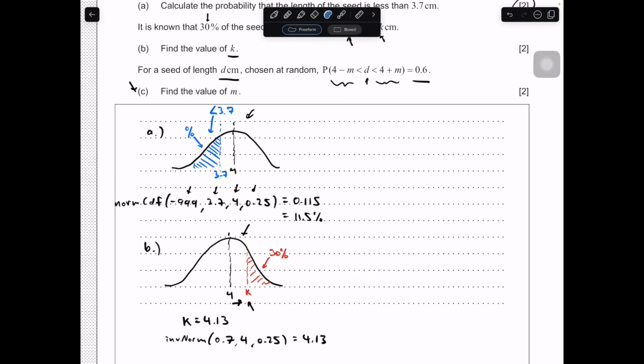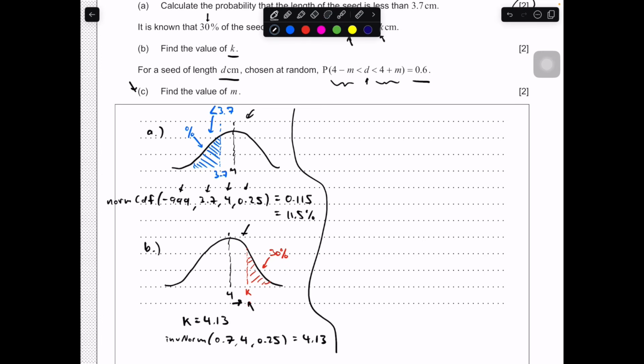Let me just move this over a little. I think it's a good question, but what is actually going on? These values of 4 should give us some indication. d is some central point, and then 4 minus m, and 4 plus m. What are we actually talking about? Let's draw a bell curve here. We know our mean is equal to 4.